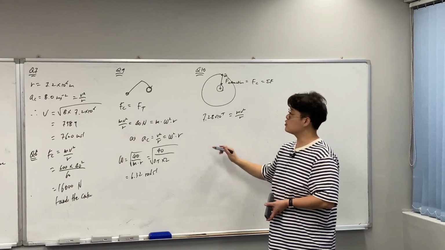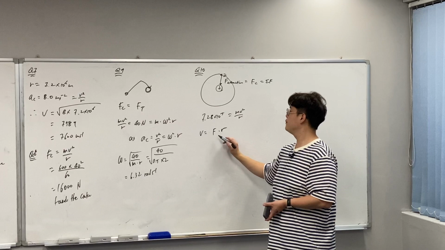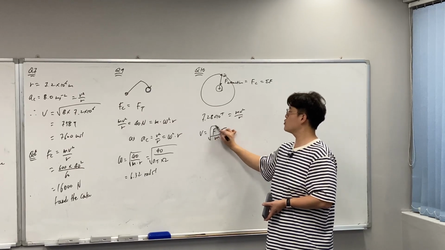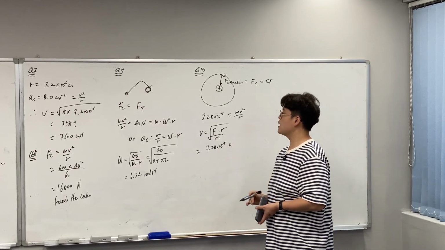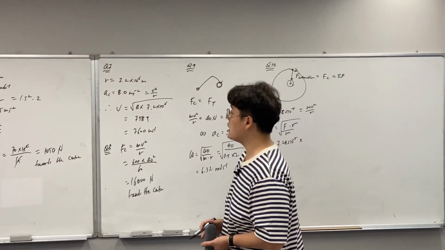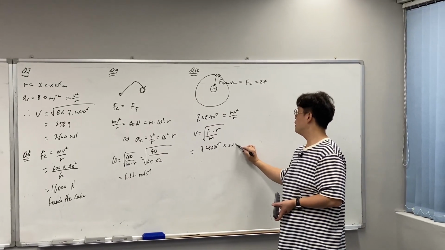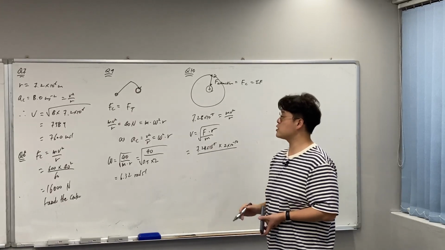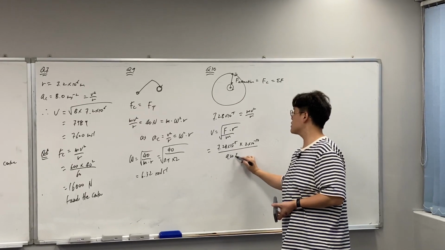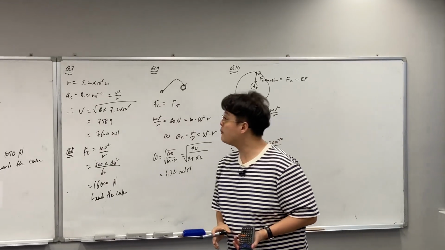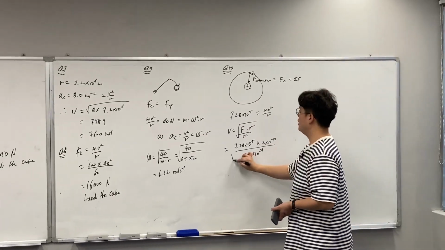So to find the velocity, it would be the force times the r, divided by m, and square root of this, which is 7.28 times 10 to the power minus 5 times the radius, given as 2 times 10 to the minus 10, divided by the mass of the electron, 9.10 times 10 to the power minus 31, and square root of this.